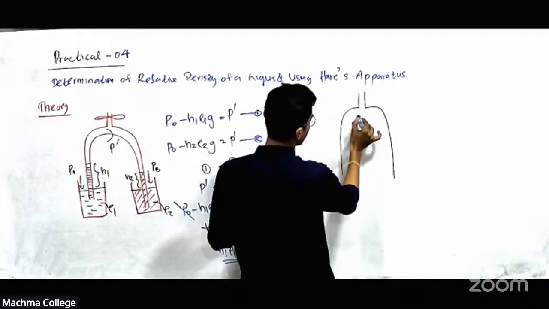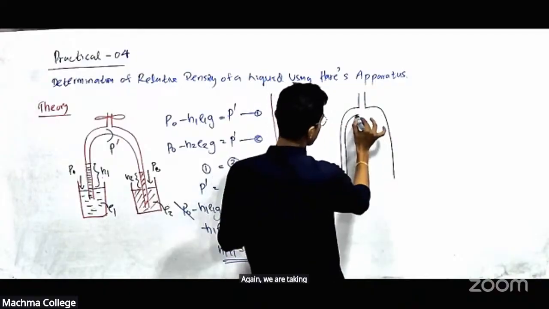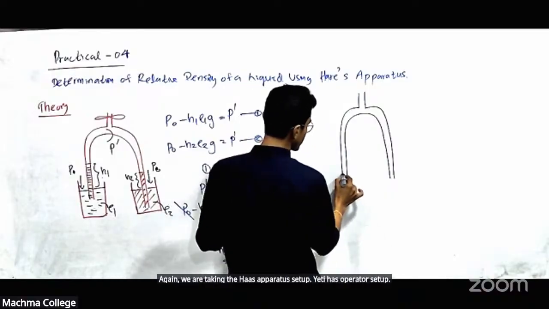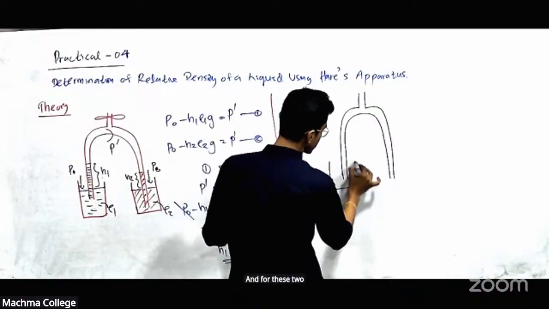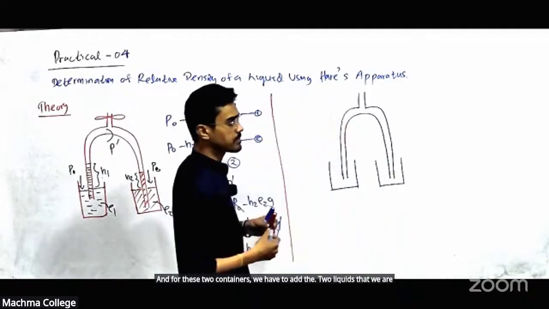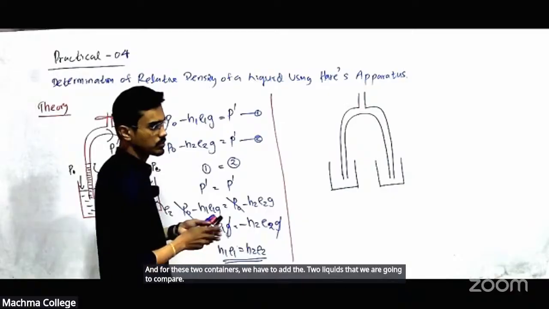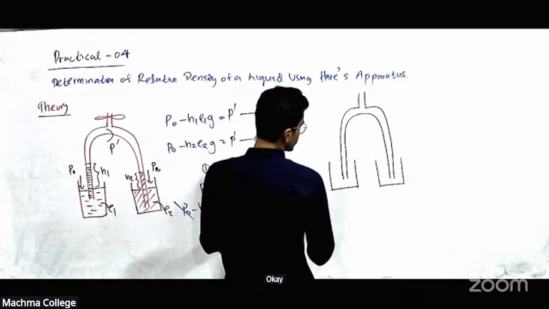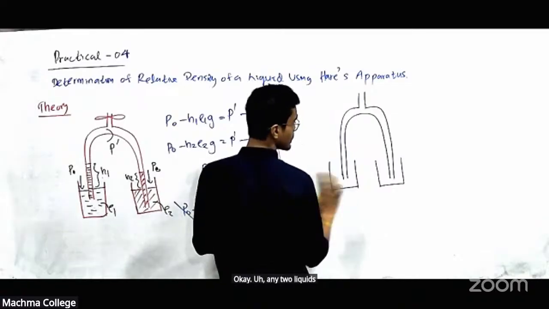Now again we are taking the Hare's apparatus setup. For these two containers, we have to add the two liquids that we are going to compare. Any two liquids can be used.